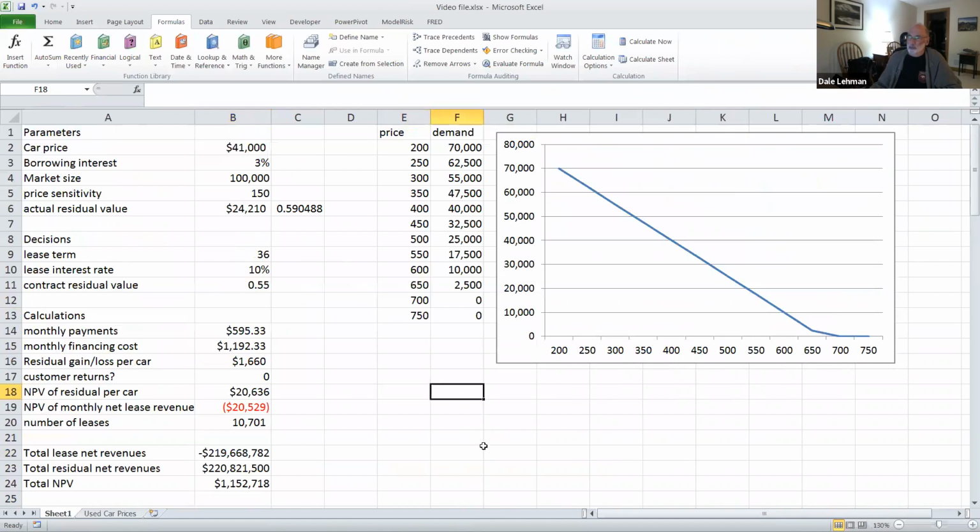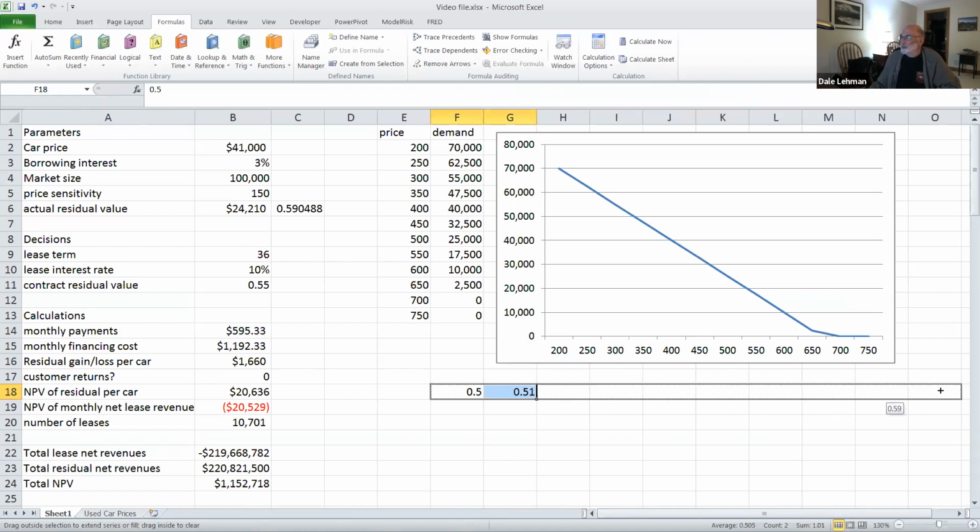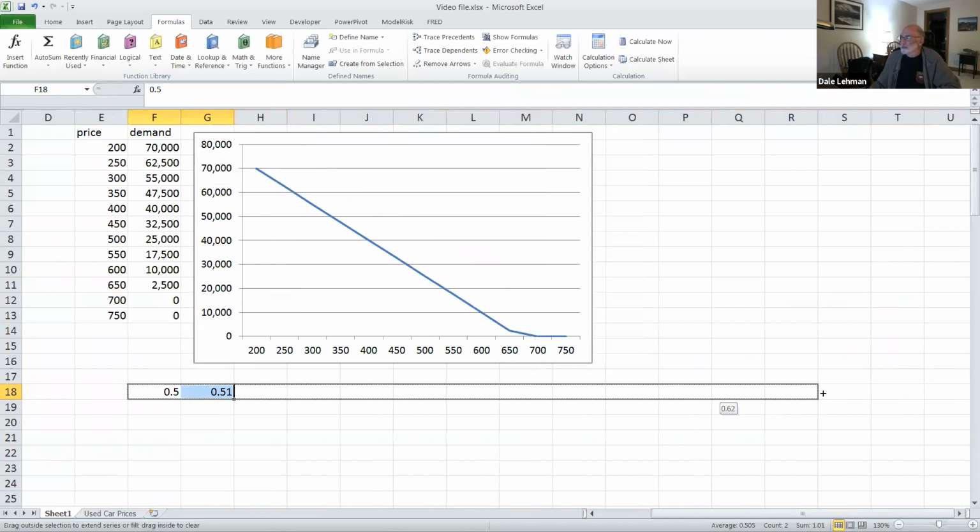So what I'm going to put in my table is a number of values for the contract residual value. Let's say we start at 0.5, go to 0.51, and then 0.52. Let's go up to 0.62.